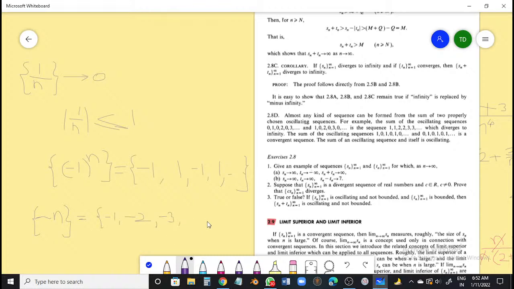So I can say all the terms are smaller than 0. Does it mean that the sequence is bounded? No. Why? Because the terms are going to minus infinity. This sequence is not a bounded sequence.